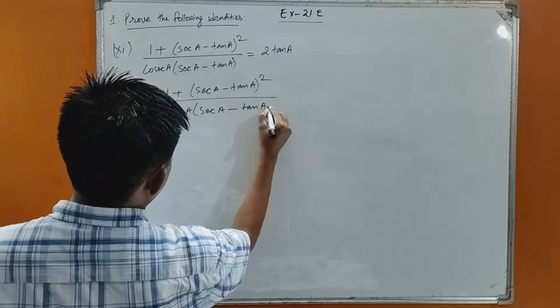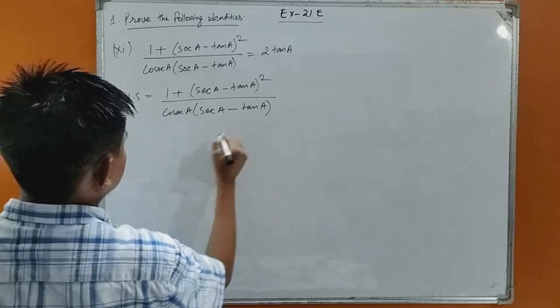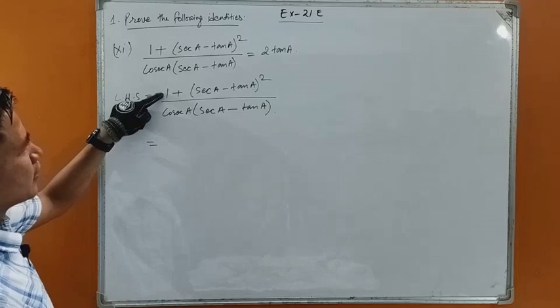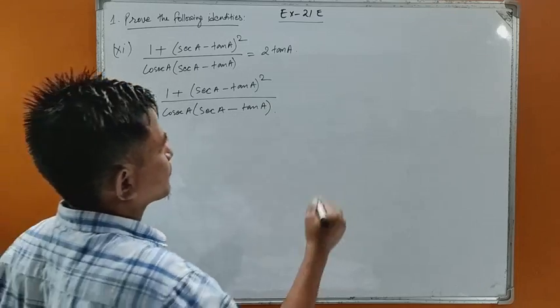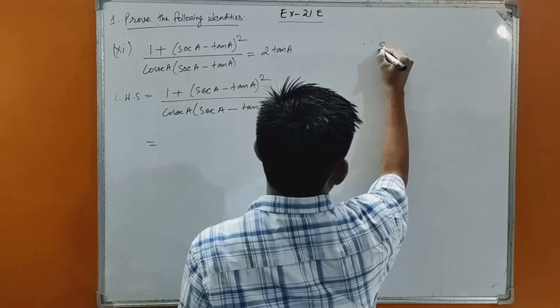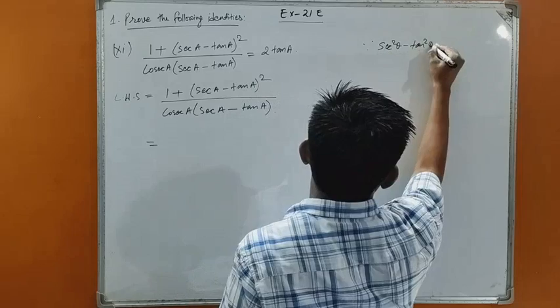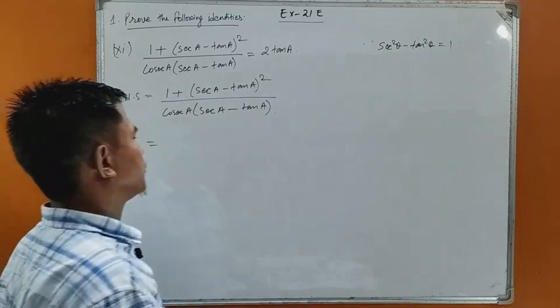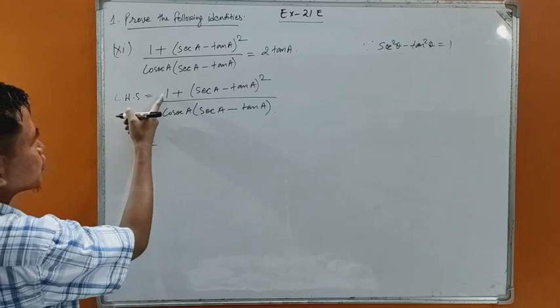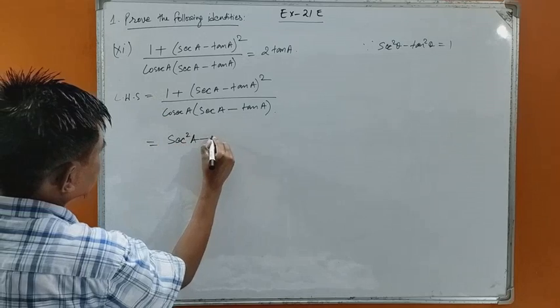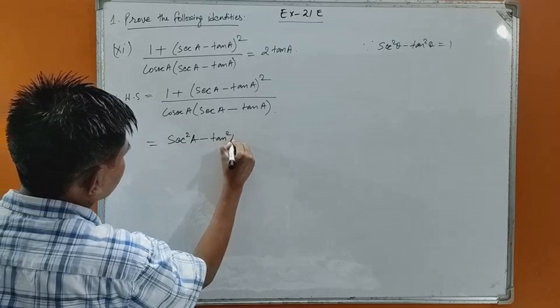You know that 1 means sec square A minus tan square A, since sec square theta minus tan square theta equals 1. We know this formula. So instead of this one, I can write sec square A minus tan square A.